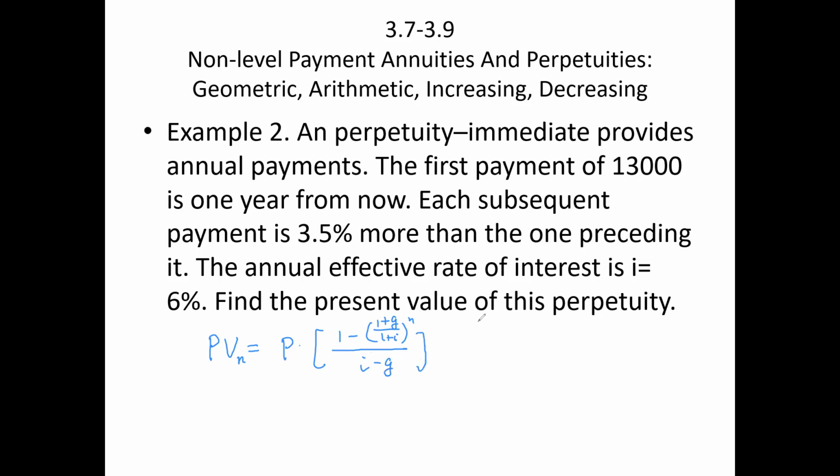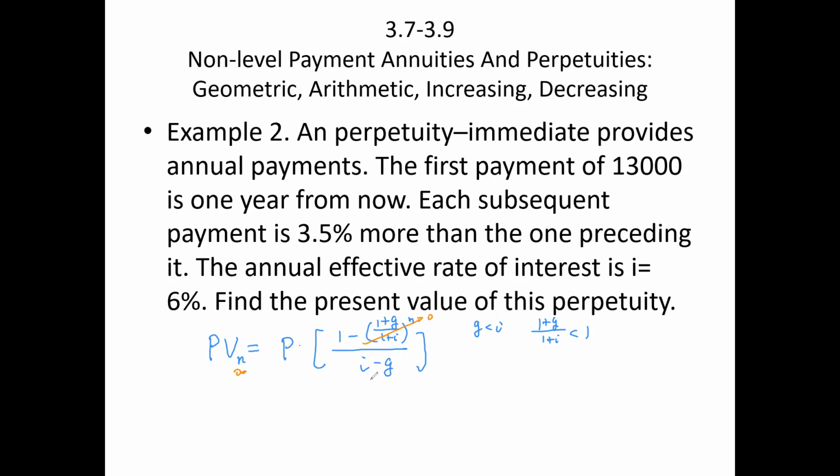Now, when g is smaller than i, then (1 plus g) over (1 plus i) is smaller than 1, and when you raise it to the power n and n goes to infinity, this term goes to 0.